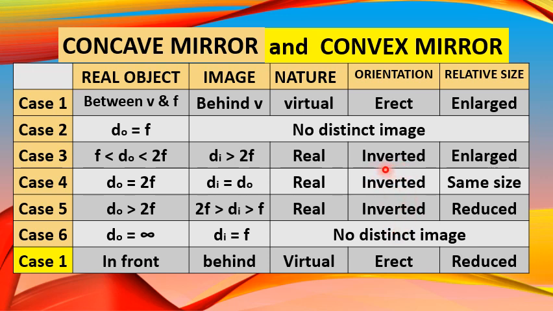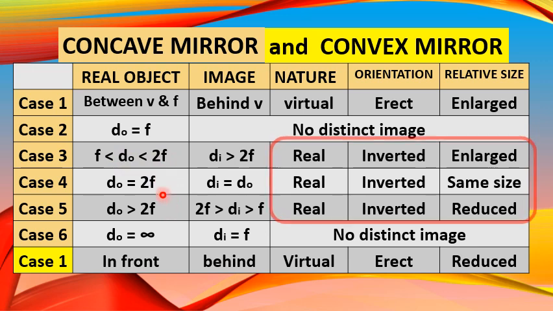When the object is erect, then it follows that the image will always be inverted. But the size of this image can either be enlarged, same size, or reduced. So it's important for us to remember that the only cases where the image is real and always inverted are the three cases, case 3, case 4, and case 5.